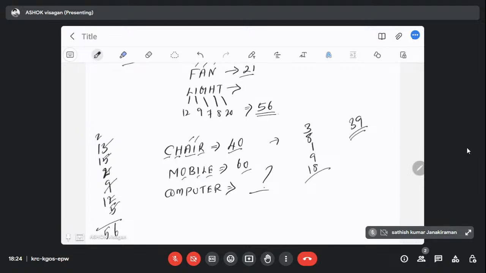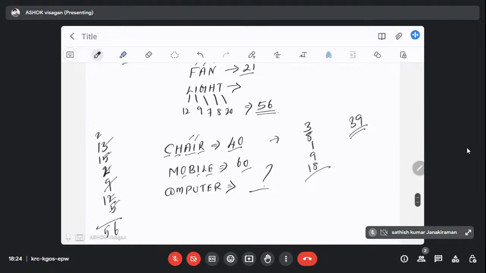So two vowels means 40, three vowels means 60. It means each vowel's value is 20. If you apply that to the last word, computer, O, U, E are the vowels. So here also the answer will be 60. So finally the answer is 60.